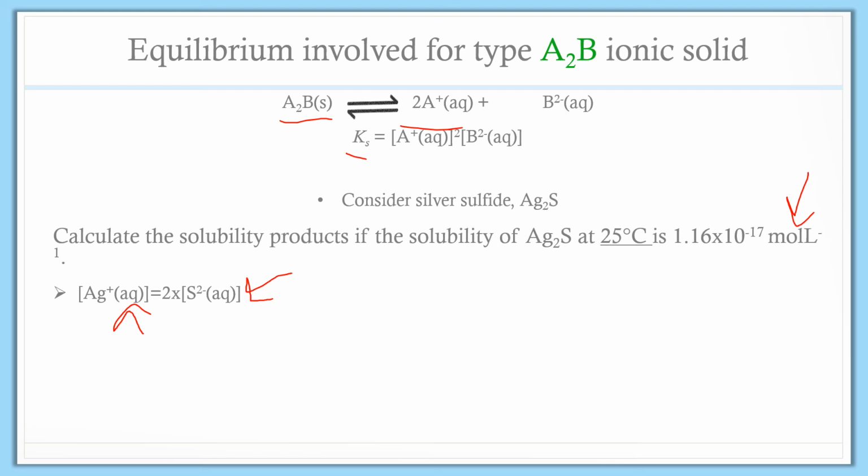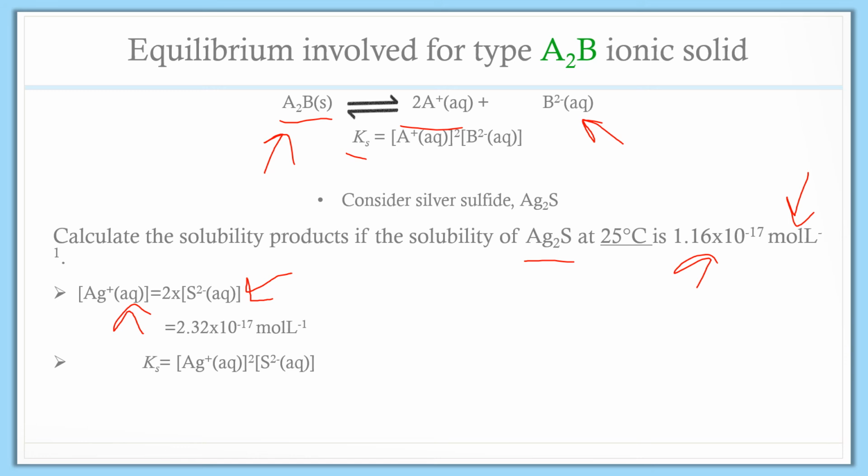And the concentration of sulfur is going to be the same as the concentration of Ag2S, because for every mole of A2B, we have 1 mole of B. 2 moles of A, but 1 mole of B. All right, so the concentration of silver in this case is double the concentration of Ag2S. So that gives us 2.32 times 10 to the negative 17th, because we've doubled that.